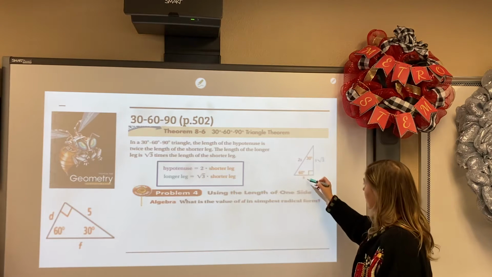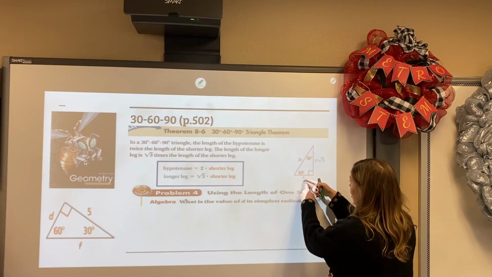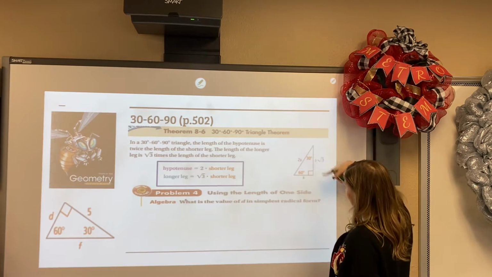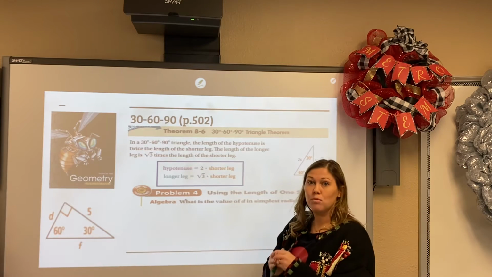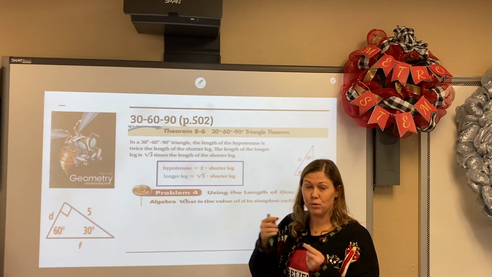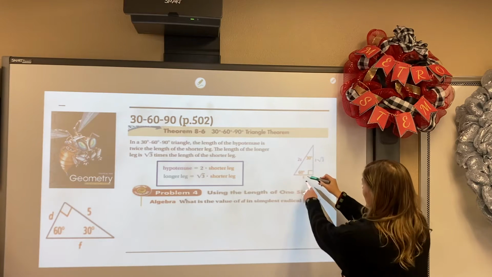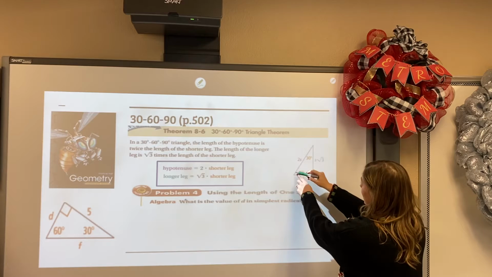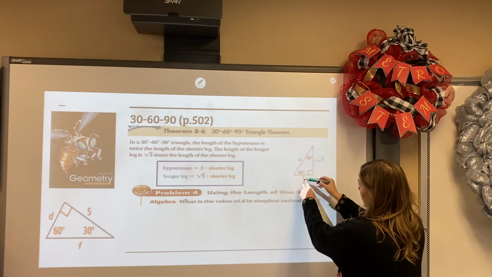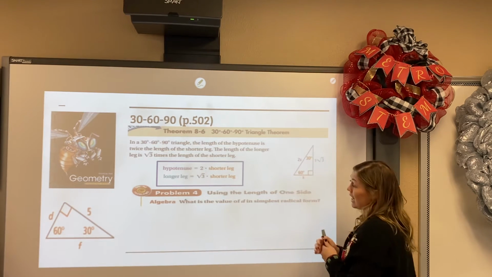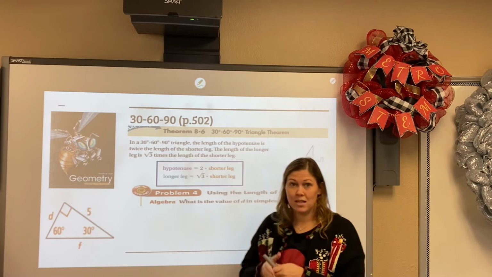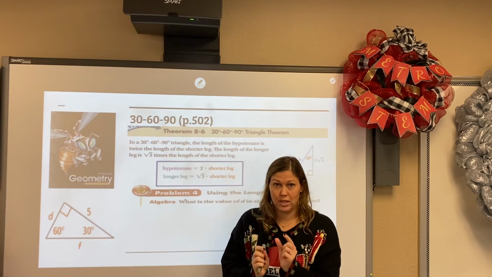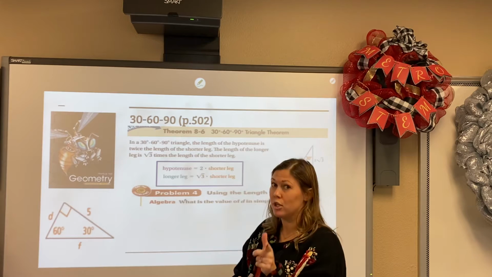To find the side across from 60, you multiply your shortest leg by root 3. To get your hypotenuse, you multiply your shortest leg by 2. So again, what you need to find is always your shortest leg, the leg that is across from 30 degrees.